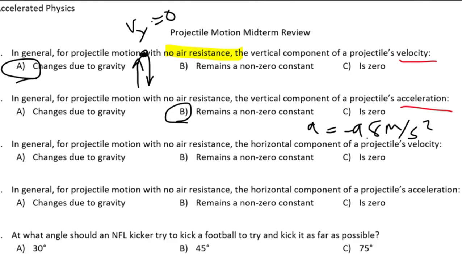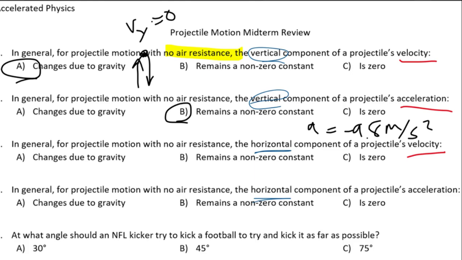In general, projectile motion with no air resistance, the horizontal component of the projectile's velocity. So again, we're looking at the velocity, but this time, as opposed to the vertical, which we looked at in the last 2 examples, now we're looking at the horizontal.